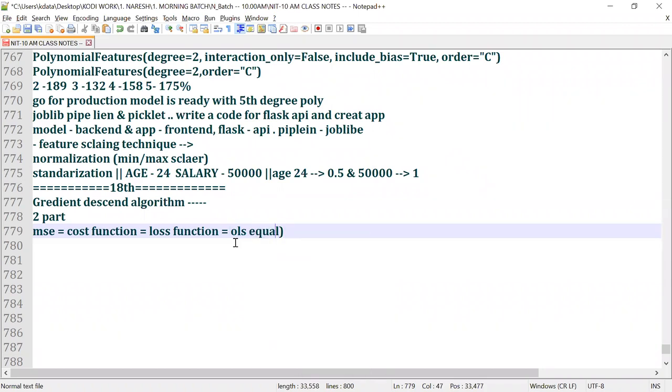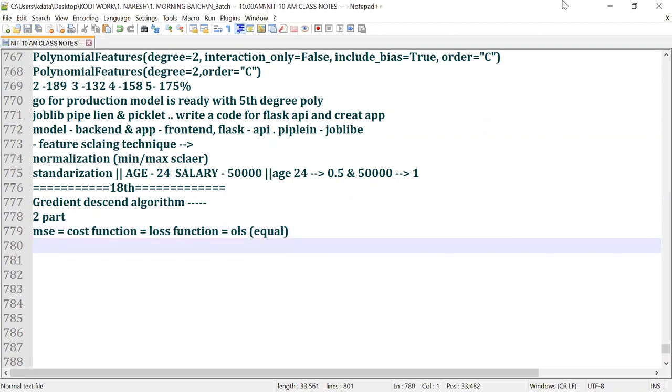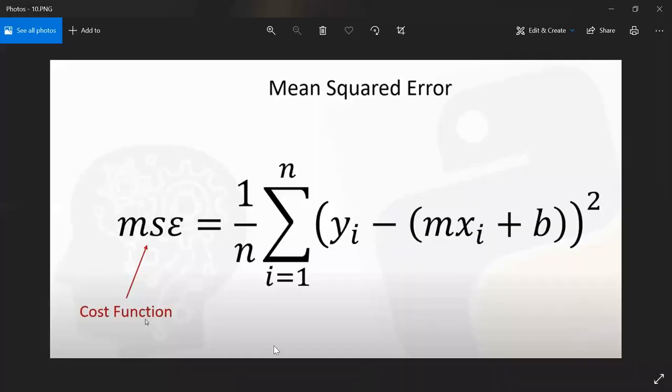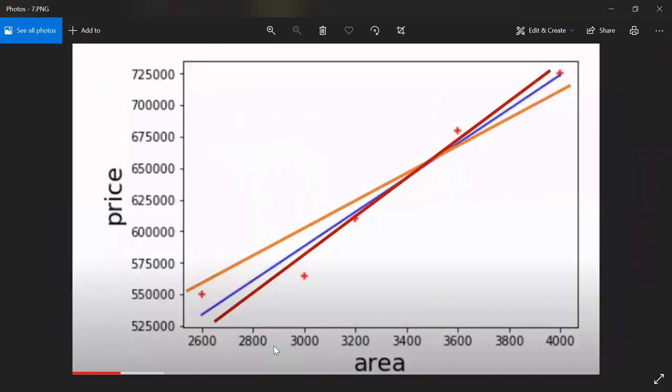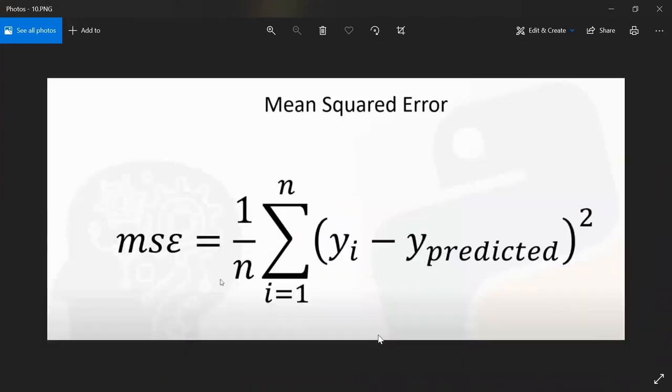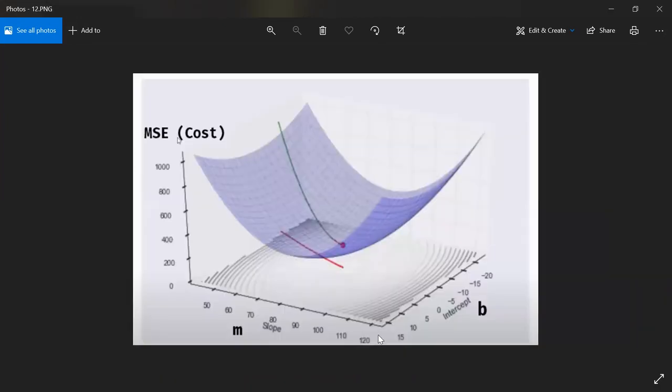In interviews, different people will ask using multiple terms, but you can easily understand all of them. Clear? So gradient descent is an optimization algorithm that finds the best fit line for a given training data set. If I have more than 3 lines, how do I find the best fit line? Because of the cost function.